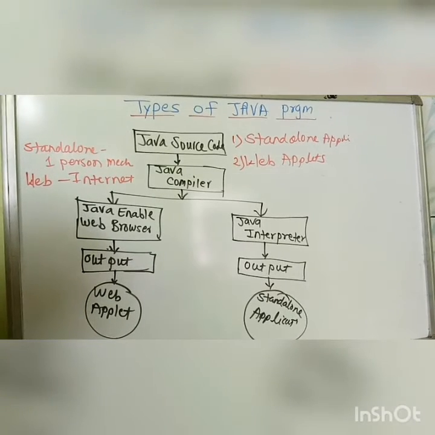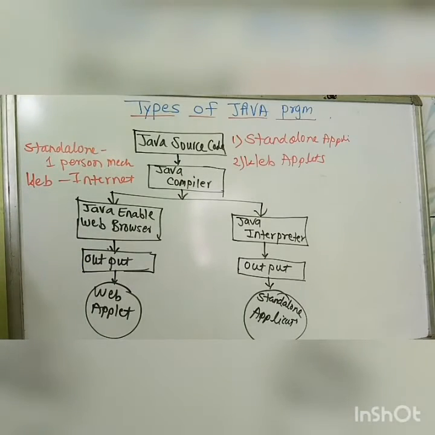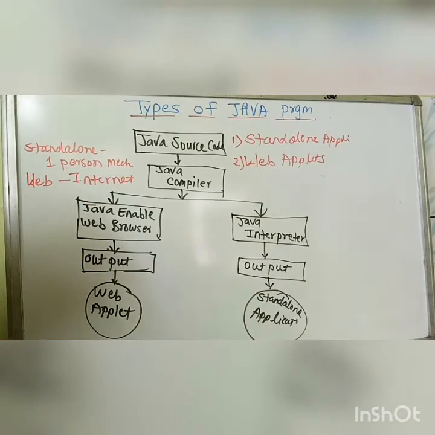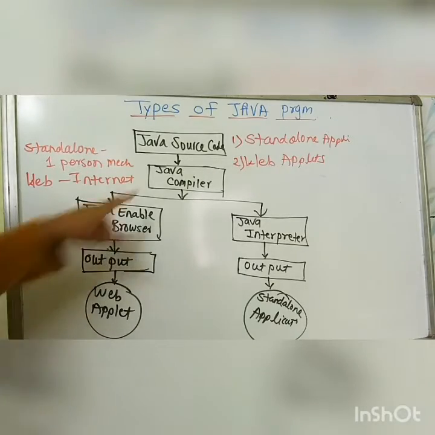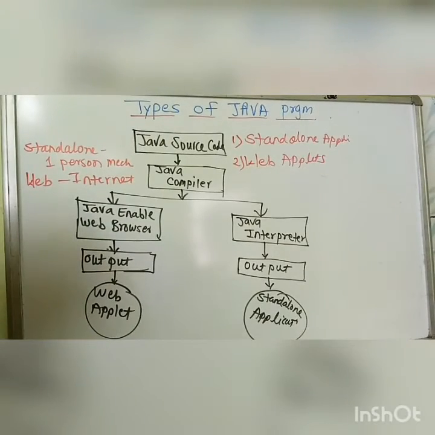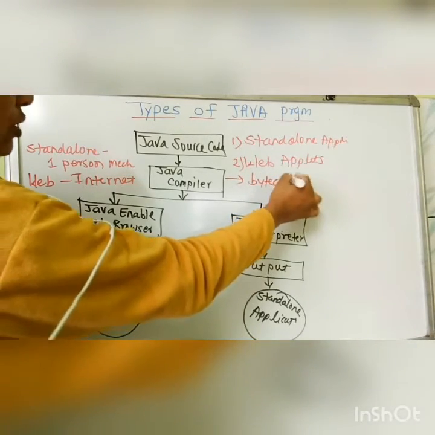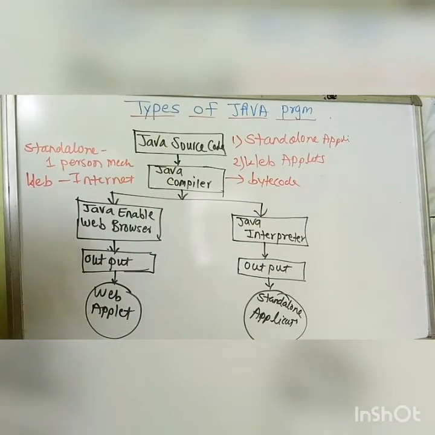First of all, what is the standalone application? These are programs written to carry out tasks on a standalone local computer, meaning only one person, or it can be copied to a limited number of persons. Executing this type of program includes two steps. First, compiling the source code into bytecode using the Java compiler.